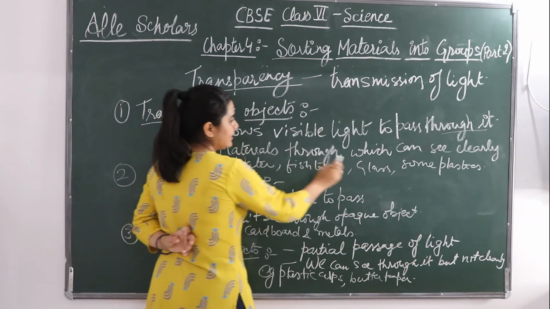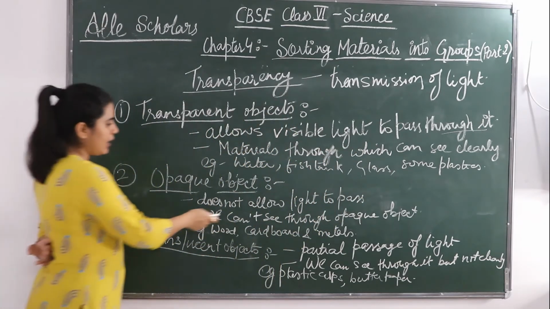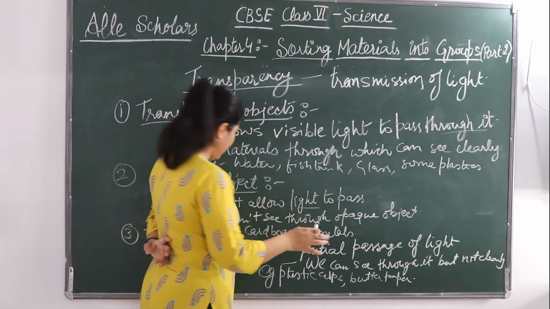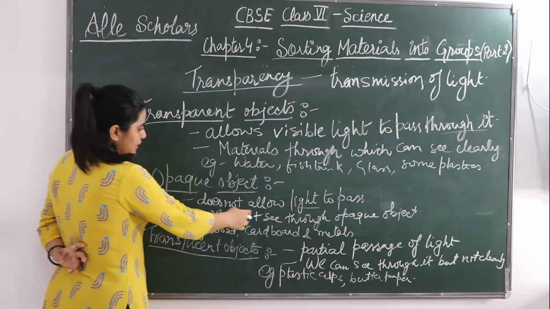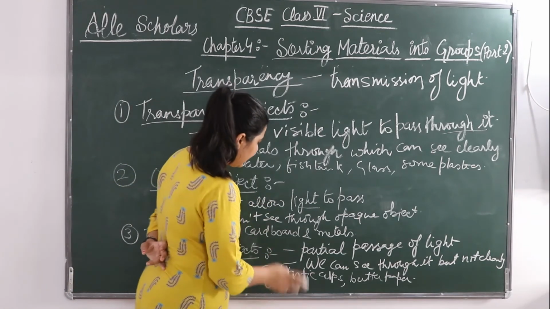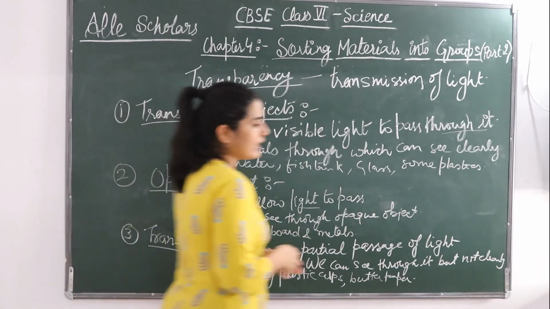Example is water, glass, etc. Opaque does not allow light to pass through it at all. We cannot see through an opaque object. Examples are wood, cardboard, metals. Translucent object, partial passage of light. We can see through it but not very clearly.